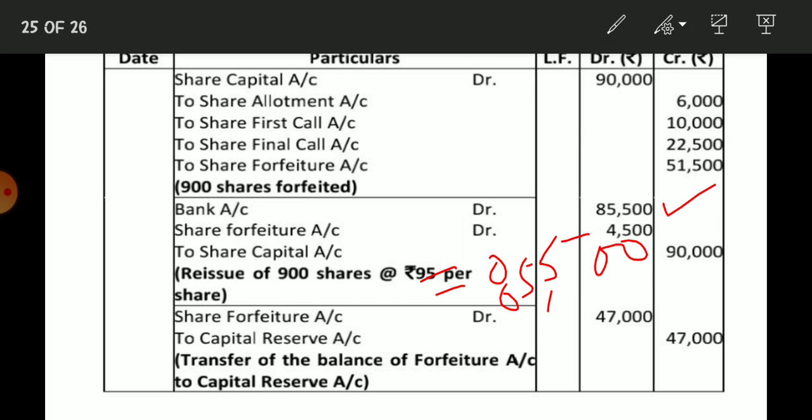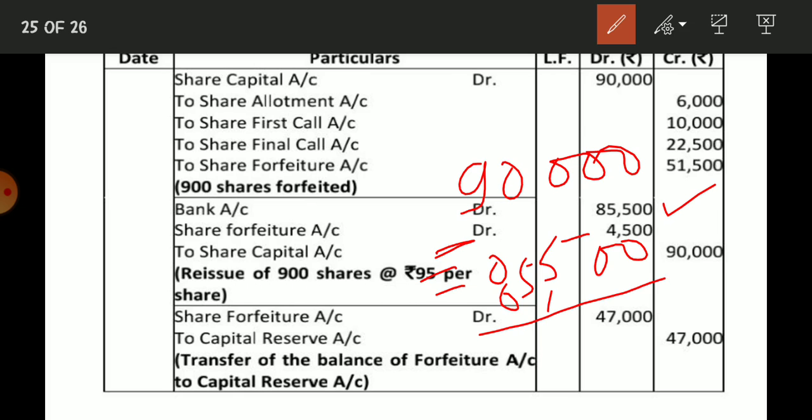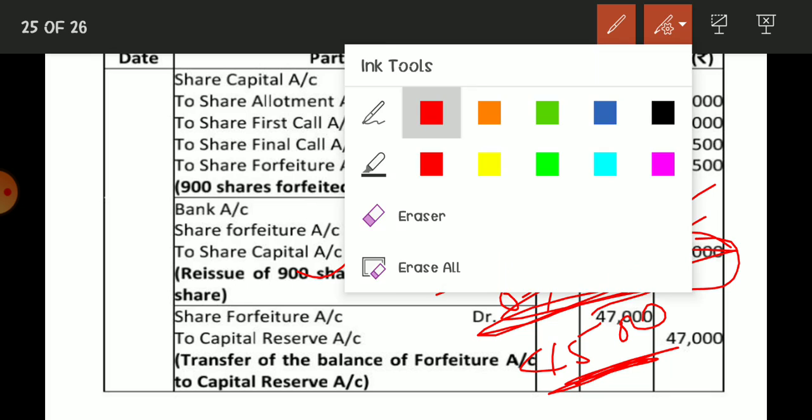So whatever difference between them, 90 less 85,500 will be transferred to share forfeiture, that is 4,500, right? And to share capital will be 90. So here the company issued at loss.